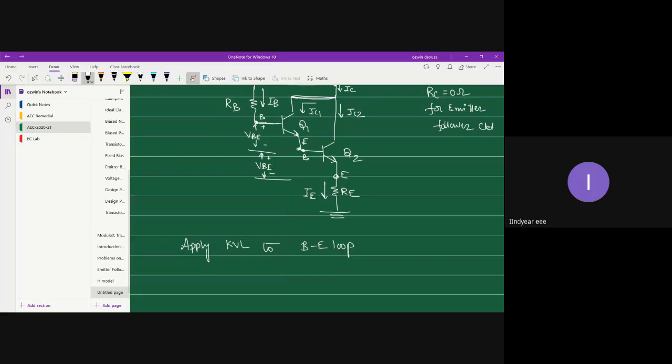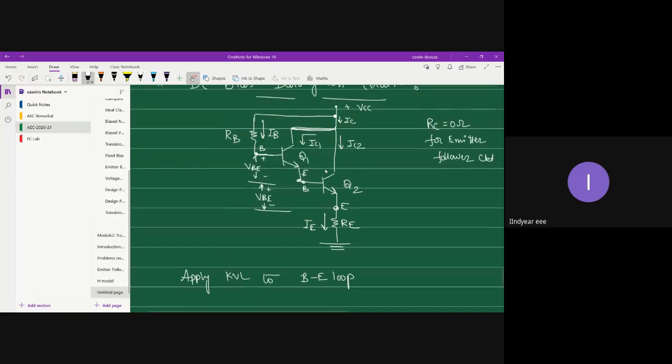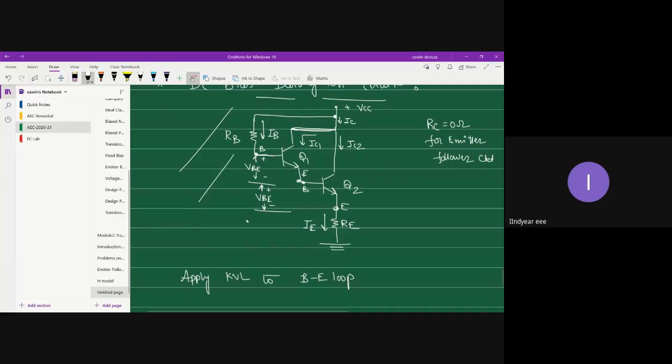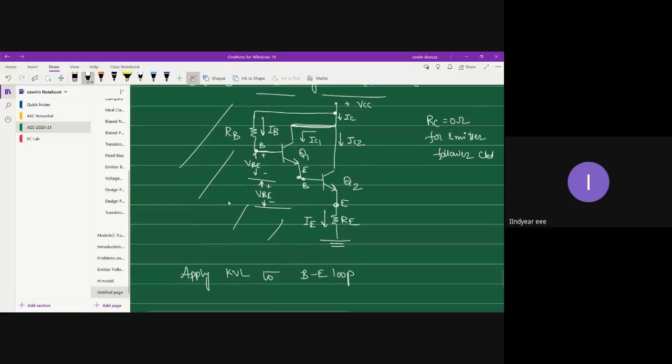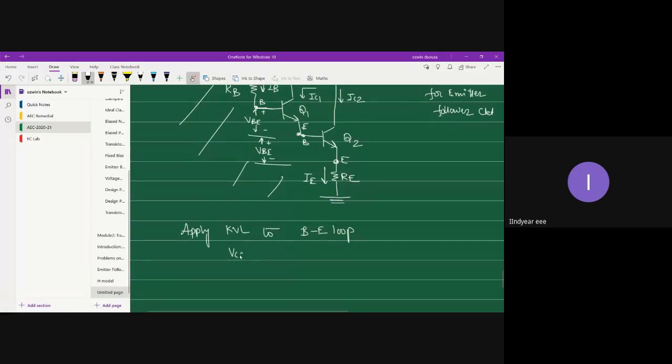So when you apply KVL on the base emitter loop, that is in the left bound region, you would get VCC minus IB into RB minus VBE and the second VBE, and then comes the drop across the emitter resistor, is equal to 0.